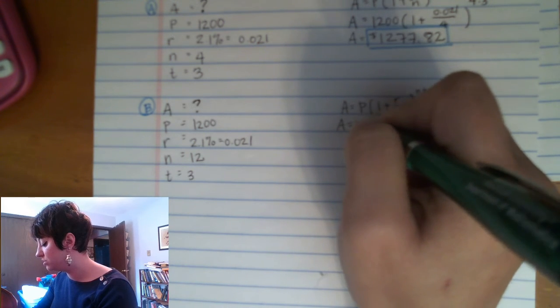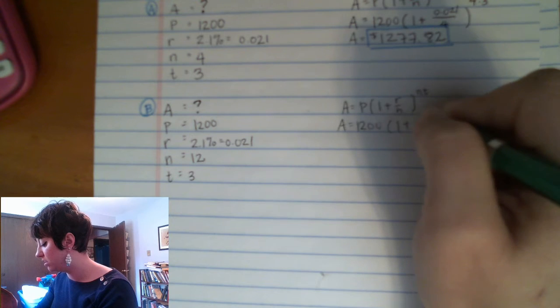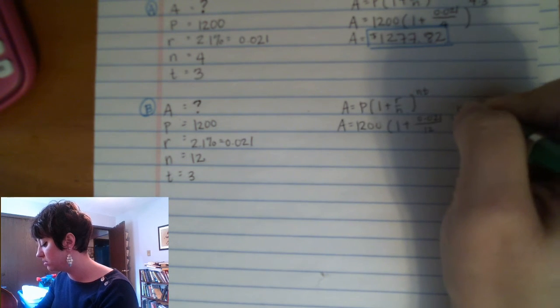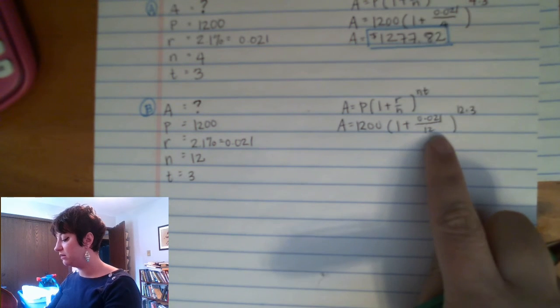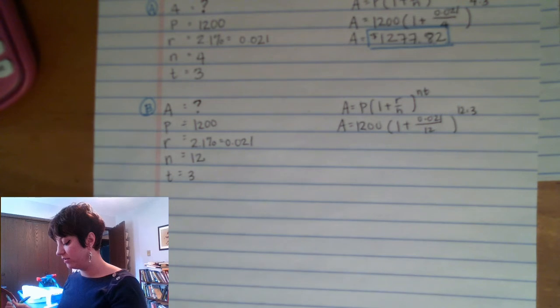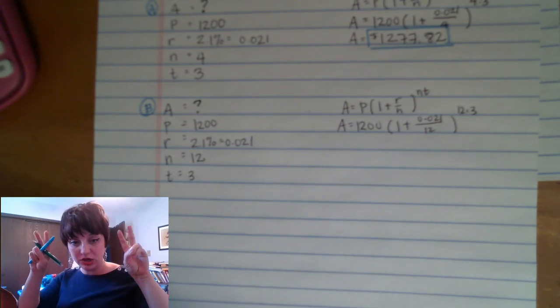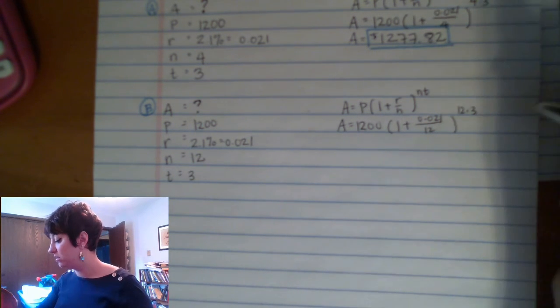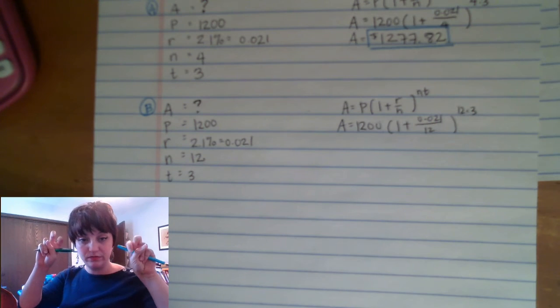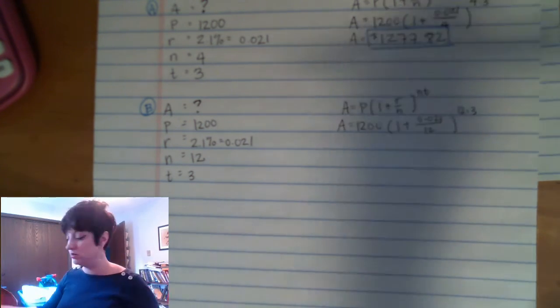And I just substitute in all my values. So 1 plus R over N to the NT. So see what's happening here. I'm almost changing, instead of having 3 years, I'm having 36 years, years in mega quotes here.